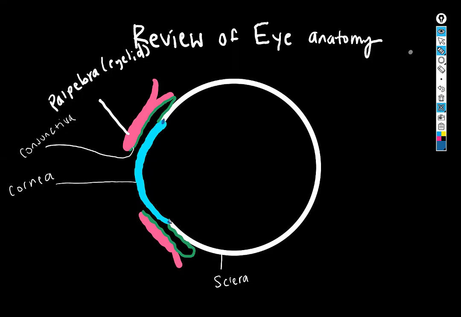So I'll explain what that little blue dot is momentarily. So now we have this smooth muscle structure that is the iris.